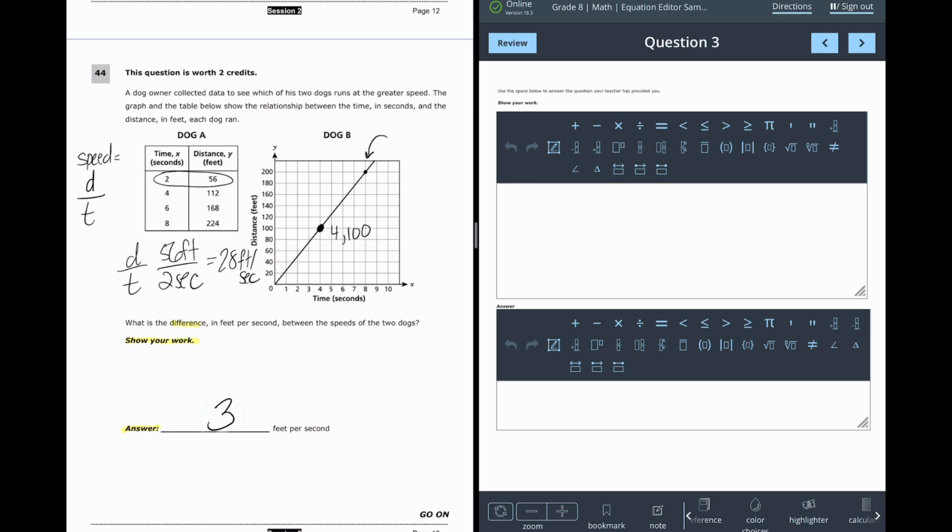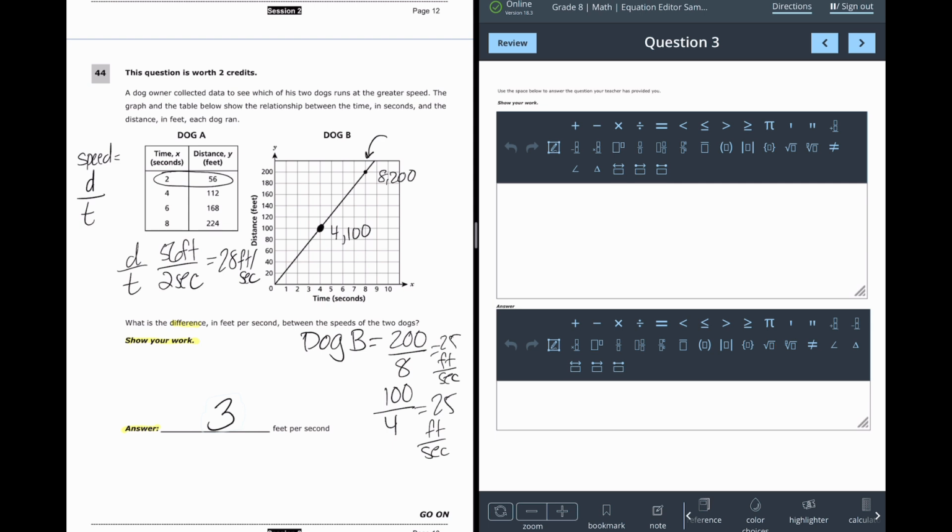So for example, if I wanted to use this one, which is 8 and 200, dog B is doing 200 feet in 8 seconds. So I can use that one, or I could even use the 100 over 4. I kind of like that one better. 100 divided by 4 is 25 feet per second. It still would have given me the same answer, 25 feet per second.